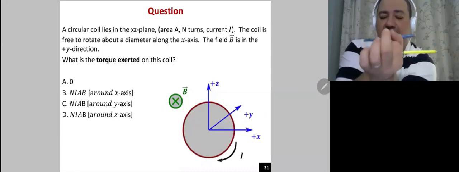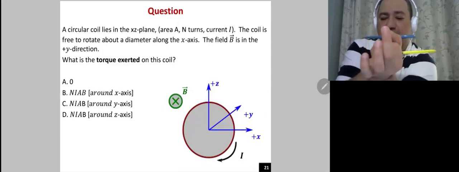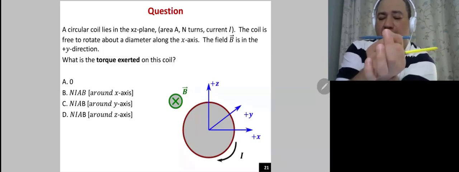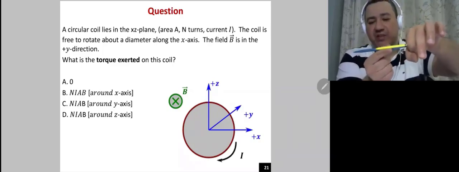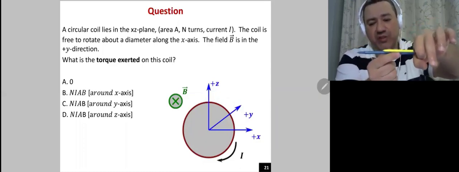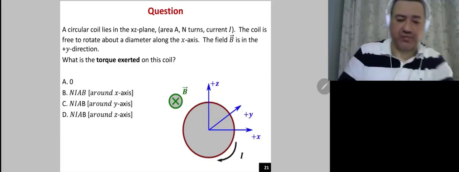That's why we said, if I have the coil sitting in this location with the magnetic dipole moment anti-parallel with the magnetic field, this position is considered the highest potential energy, and that's why it tends to flip and rotate such that it loses energy and goes to its lowest potential energy position.